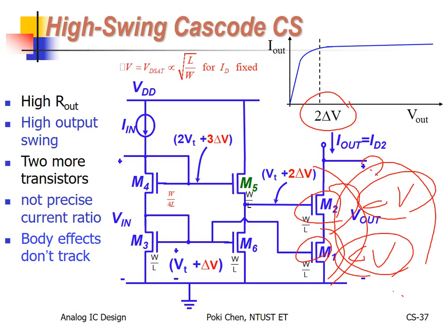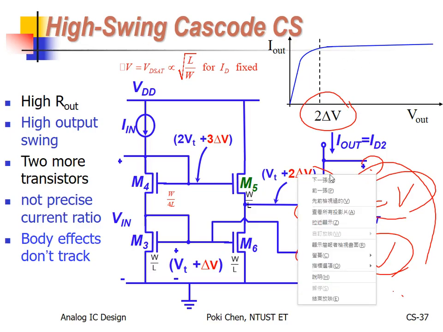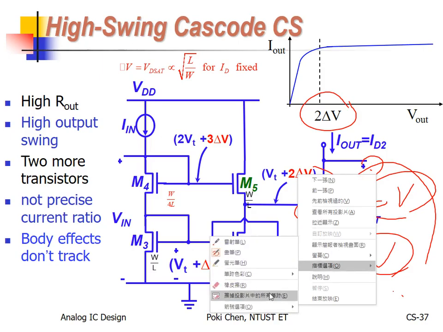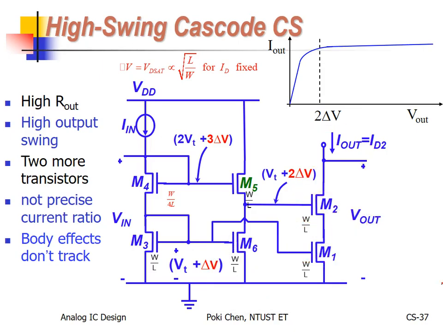But how to make it? So, again, I will show you the power of rough estimation. Delta V here, delta V there. I don't calculate, I don't derive anything, only by estimation.